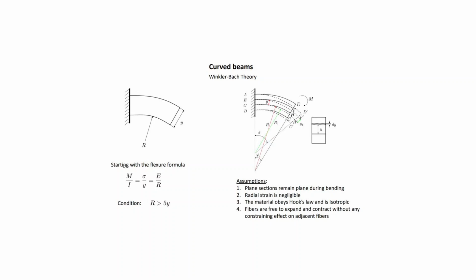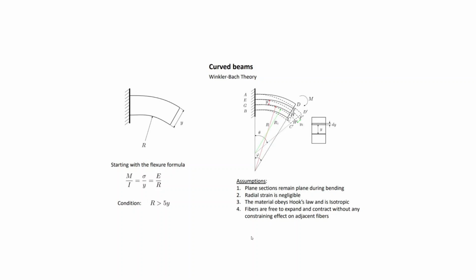The problems or the exercises given in class do not meet the initial condition, because they are not under this group of problems where the radius of curvature is larger than 5 times y. That's why we have to use the Winkler-Bach theory.